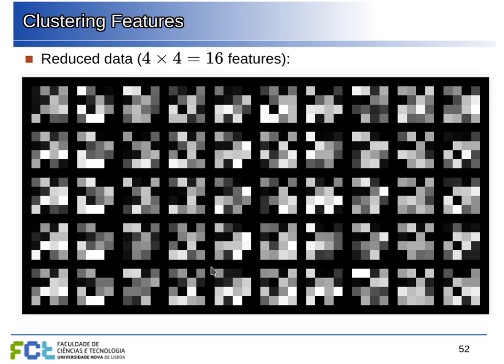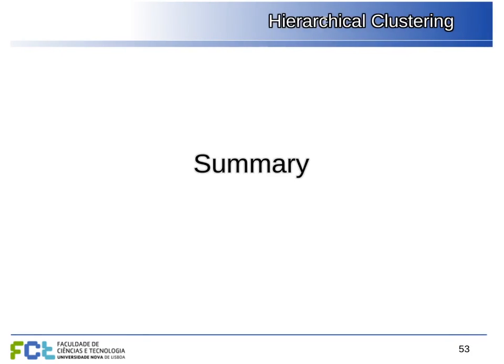So this agglomeration of the features is still capturing the differences between the digits. It simplified the representation by giving us fewer features, but it agglomerated them, joined them together according to their similarity, so we are not losing that much information when we reduce the dimensionality in this way.